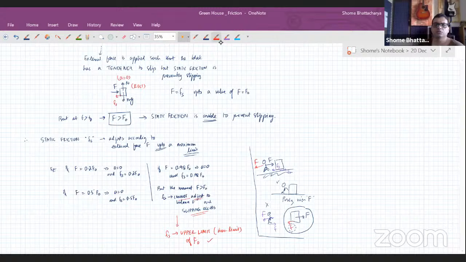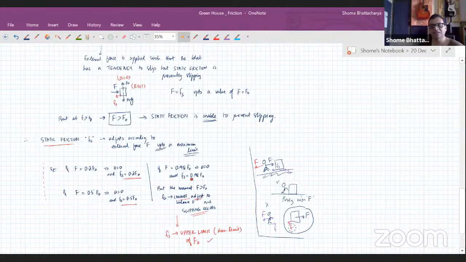Okay, so what we are observing about static friction is explained over here. When my external force was, let's say, 0.2 F naught, static friction acting on the block will also be exactly 0.2 F naught. It will adjust itself according to this. By the time I've increased the force from 0.2 to 0.5 F naught, static friction has also adjusted to 0.5 F naught.